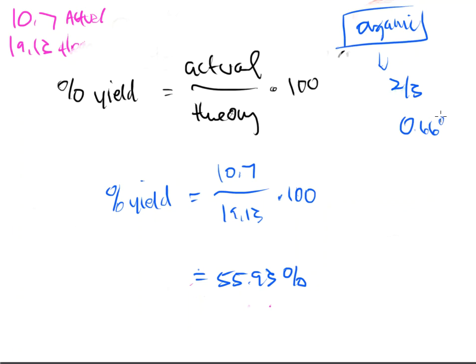So 66%, folks, here is almost perfect. So 0.66 for my percent yield, but times that by 100, and that will give you 66%. That is really what we strive for in the organic world.